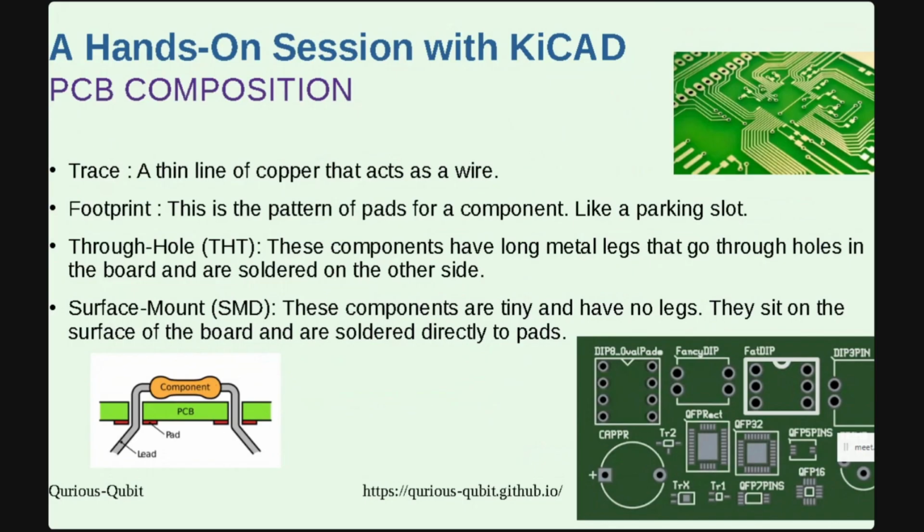Based on the composition, the dimensions of the resistor change. So accordingly, we have to adjust our drill holes and our pads based on each component that we are going to use in our PCB. To define the impact of the component on our PCB, we have footprints.